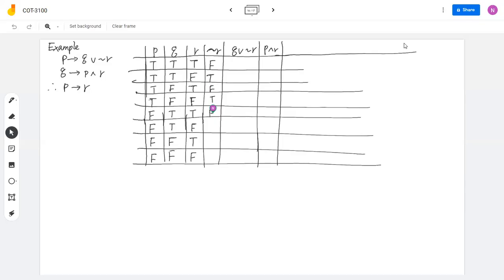And this is Q or not R, so it is all of these 2 columns.